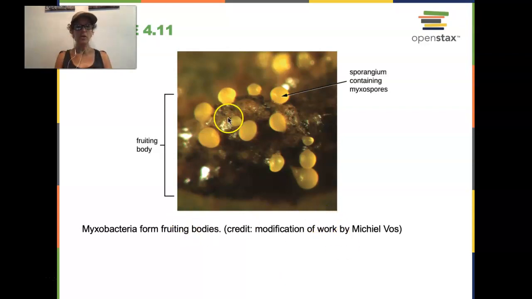Myxobacteria are really crazy. They form fruiting bodies. Under particular conditions, the individual prokaryotic cells come together and make these conglomerates called myxospores. It's a way for them to hang out together under unfavorable conditions, and when conditions are favorable again, those myxospores are released and then they can reproduce again.